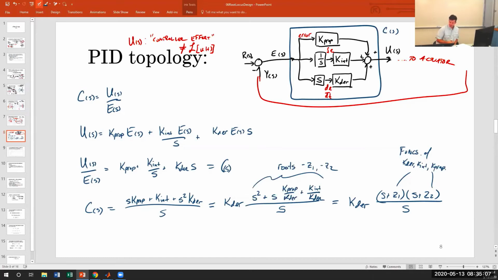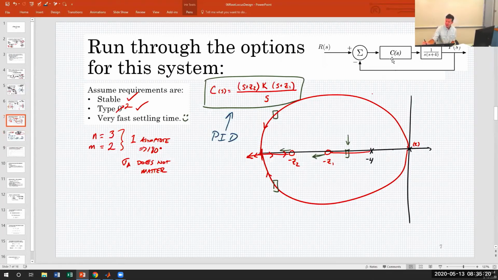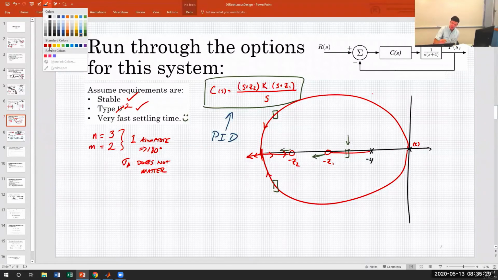In terms of disturbance rejection, yes, it will help with disturbance rejection as well. The post on Piazza was a derivation that if you include integrators in your C of S, then that will tend to drive the output due to a disturbance input to zero, provided the disturbance comes. So this is answering another chat question.